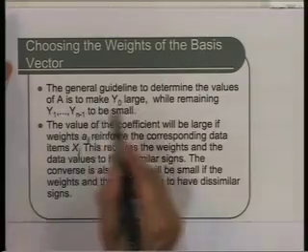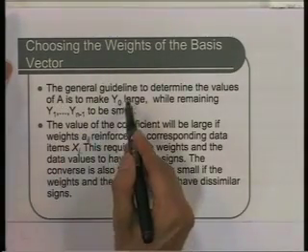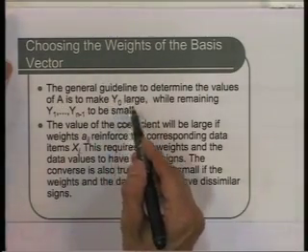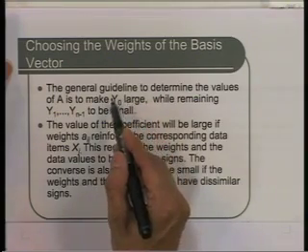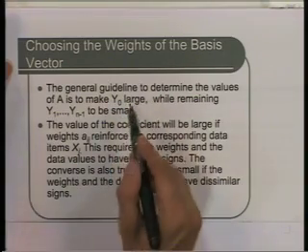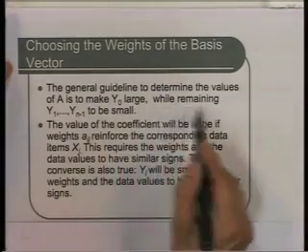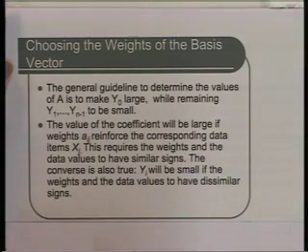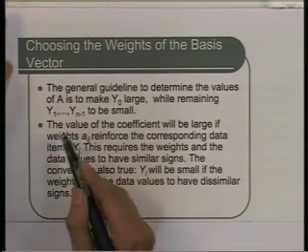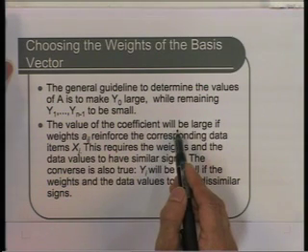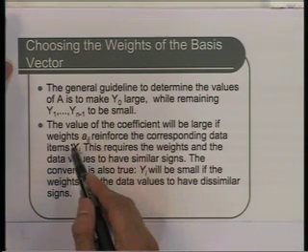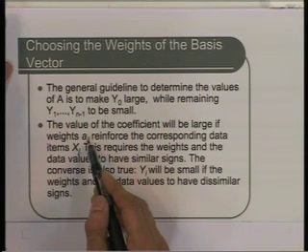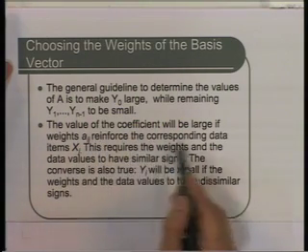The general guideline to determine the values of A is to make y0, that is the first component of the transformed vector, as large as possible while keeping y1 up to yn minus 1 as small as possible. What this implies is that the value of the coefficient will be large if the weights a_j reinforce the corresponding data items x_j.